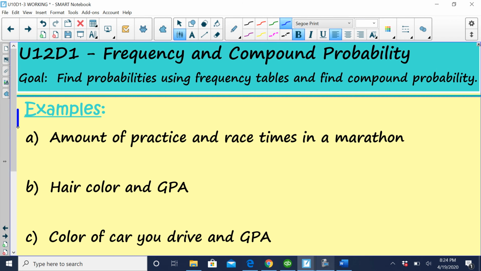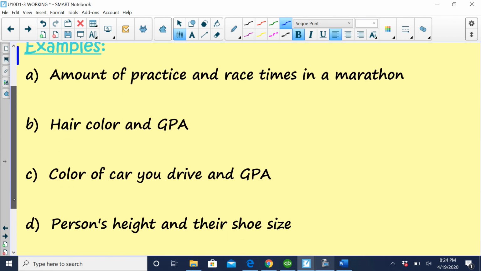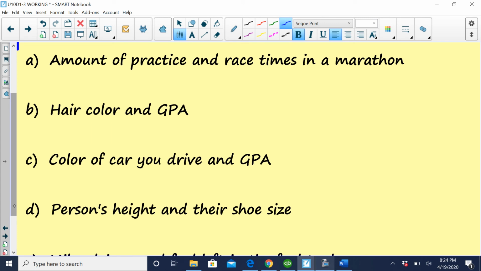All right, this one says, the amount of practice and the race times in a marathon. What do you think? I would say this is dependent. Usually if you practice, your times will improve. What about hair color and GPA? I would say this is independent. I could have any color hair and have the same GPA as my neighbor. Color of the car you drive and your GPA.